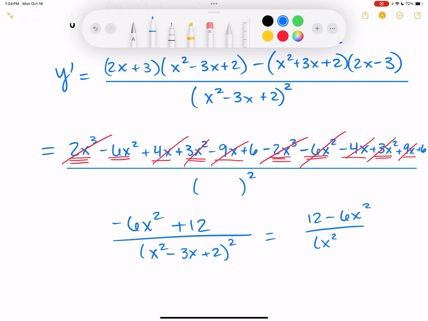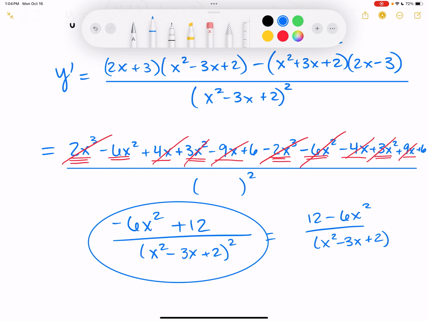I'm trying to be fancy like that. So again, I would have just left it here, but always good to realize that this is the same thing, because when you get to the AP exam, if they were to write it with the negative inside, then you're used to it.